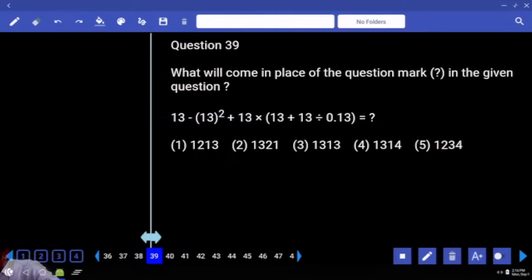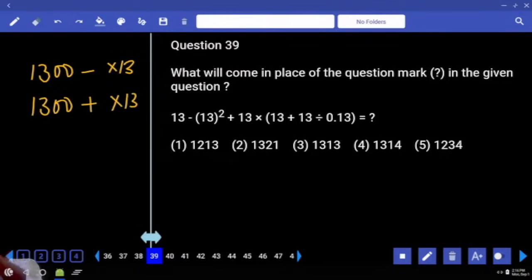Options are close to 1300. You know that 1300 is a 13 multiple. From that, if you subtract a 13 multiple, the answer will be a 13 multiple. To this number 1300, if you add a 13 multiple, again the result is a 13 multiple. Correct? How much less than 1300?